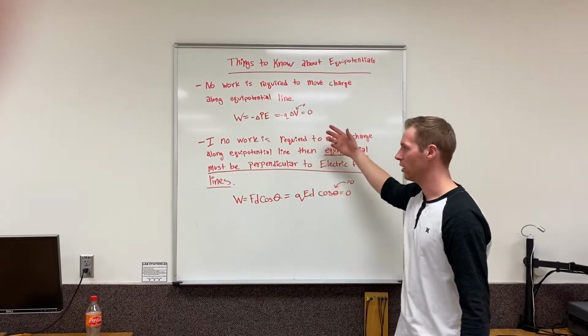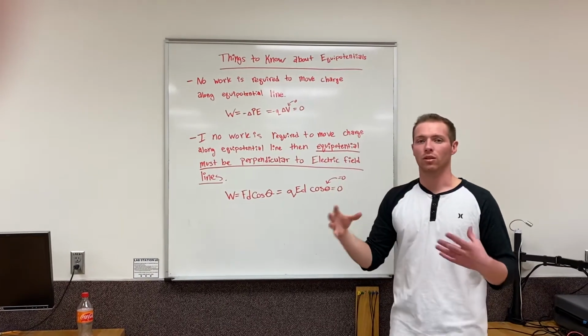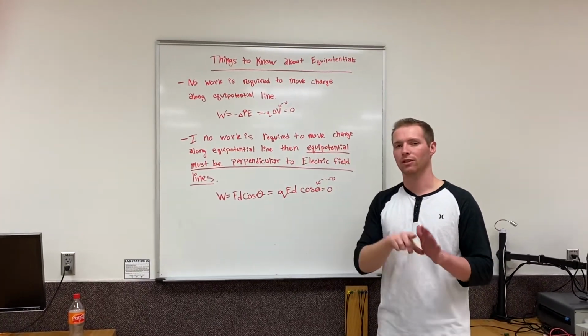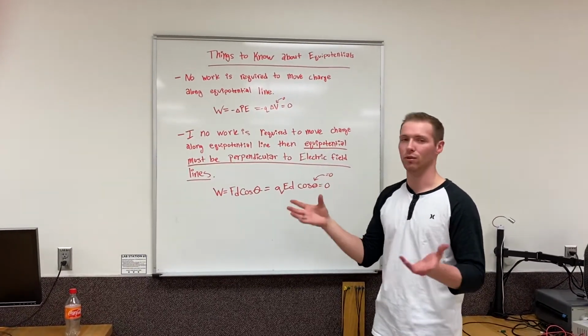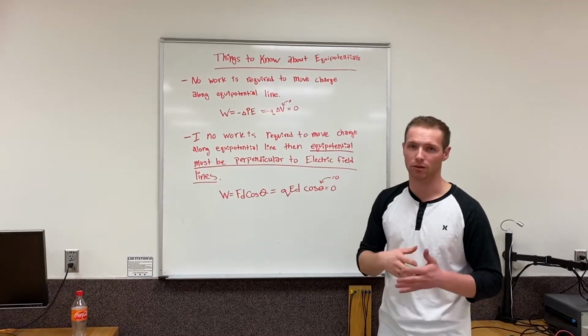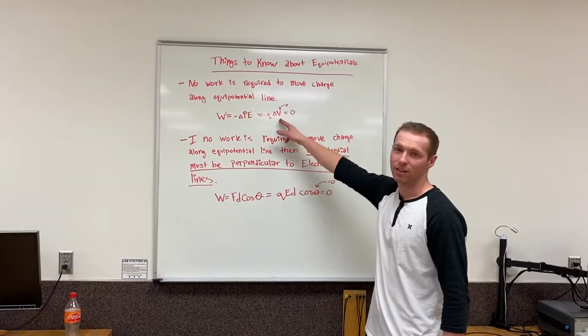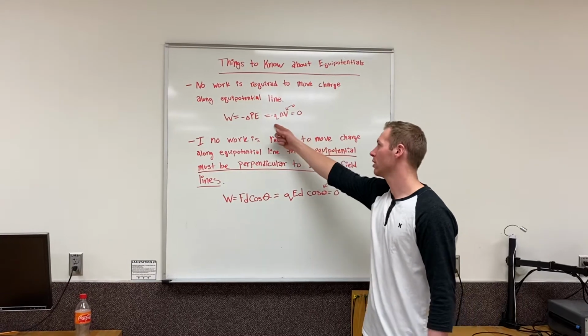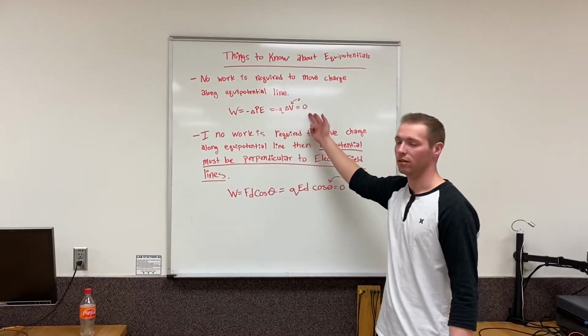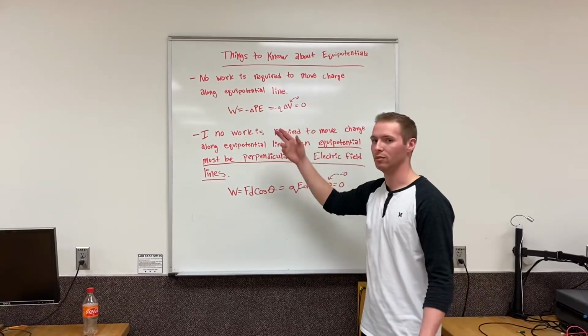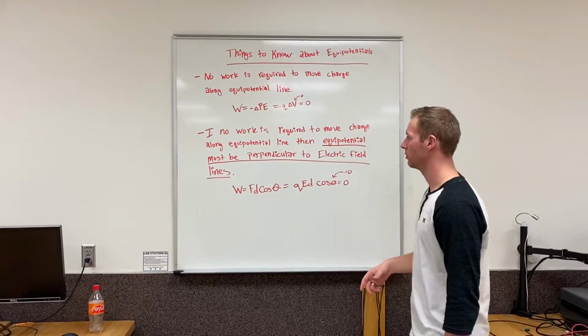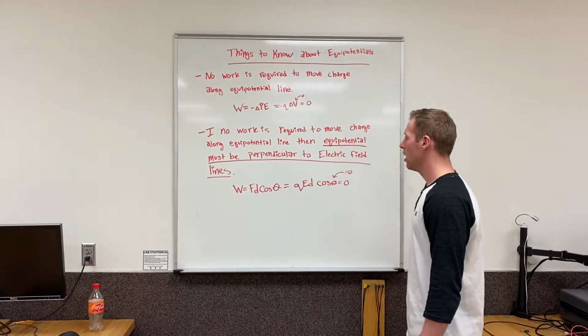But because we're on an equipotential line, where the voltage or the electric potential is the same all the way around that charge, we don't have a change in voltage. So therefore, we just get a 0. So no work is required to move a charge along that equipotential line.